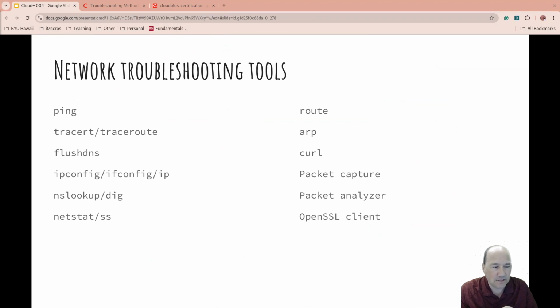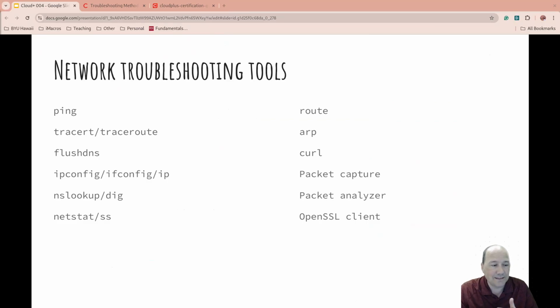I think that's a command I use almost daily. Route, identifying the route between a place and what the priorities are, making sure you have the proper priorities so that you're sending packets to the right router.